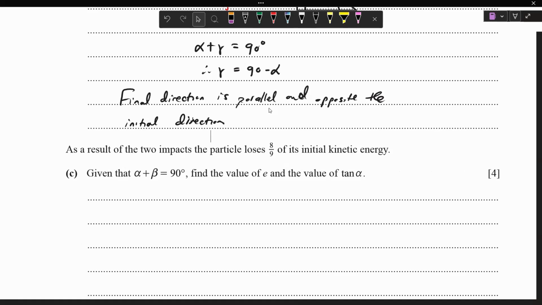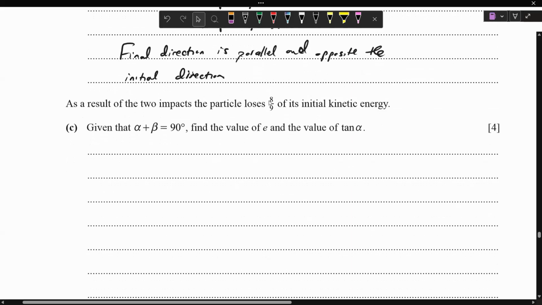So here we're talking about loss in kinetic energy. When it loses 8/9 of its kinetic energy, what does that mean? So this should mean that the final kinetic energy is a ninth of the initial kinetic energy. What do you think?